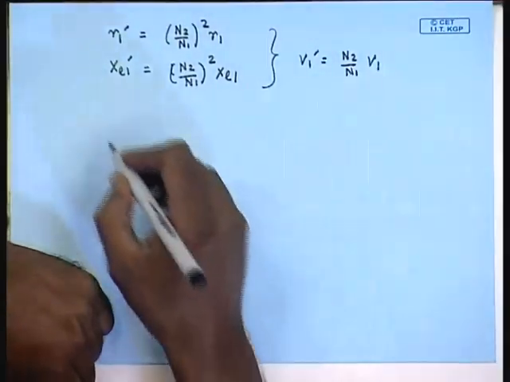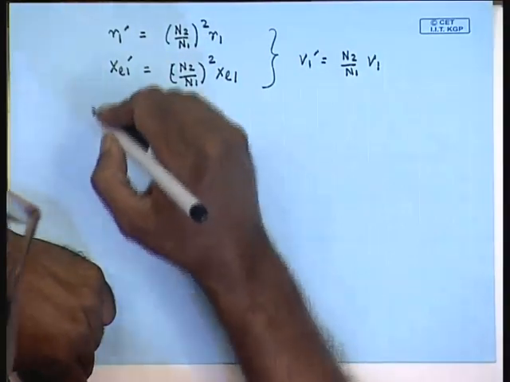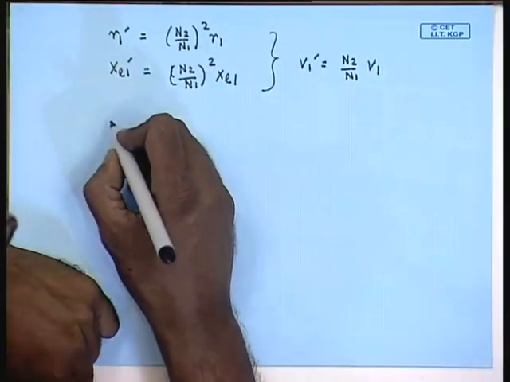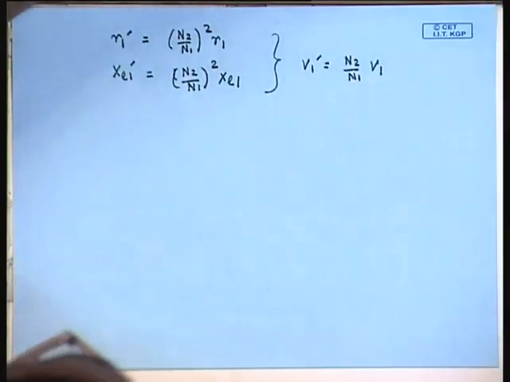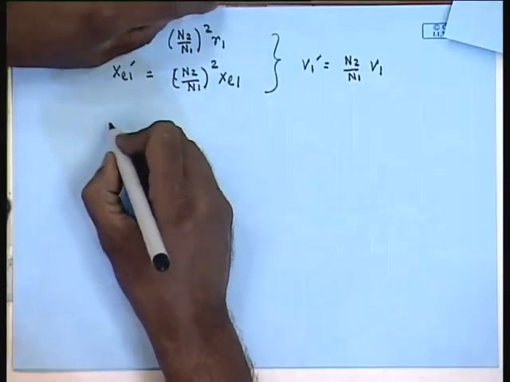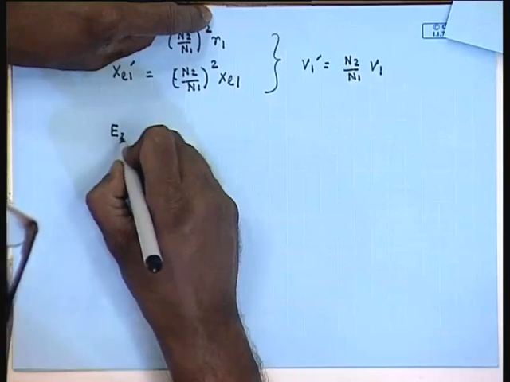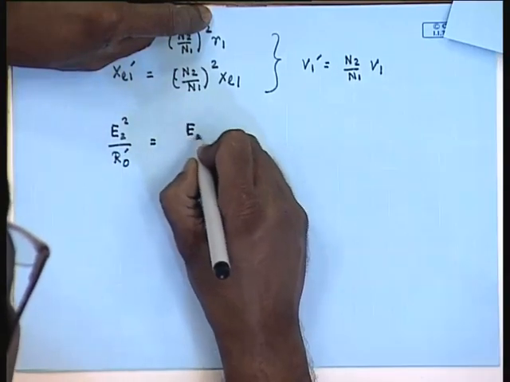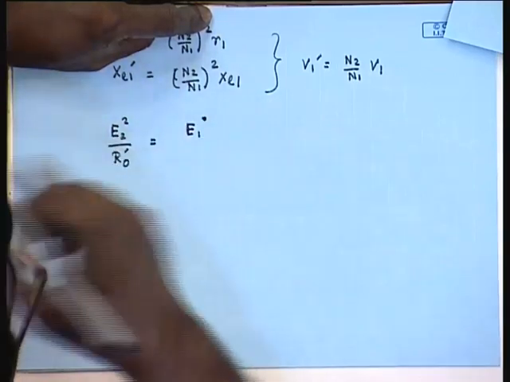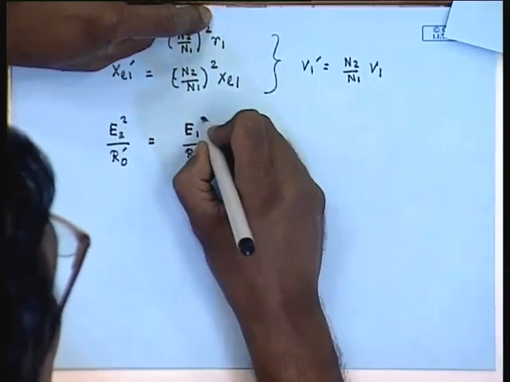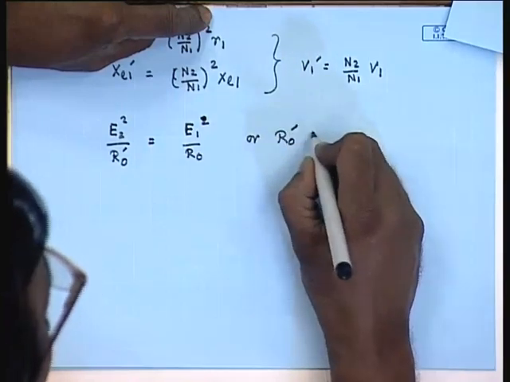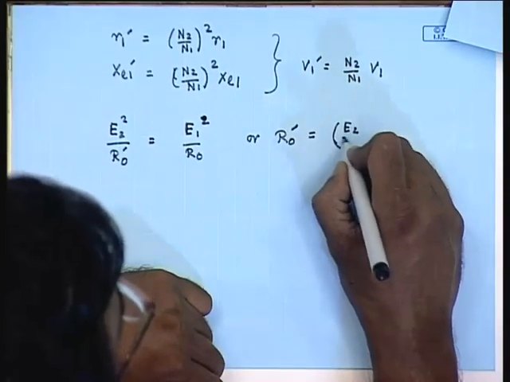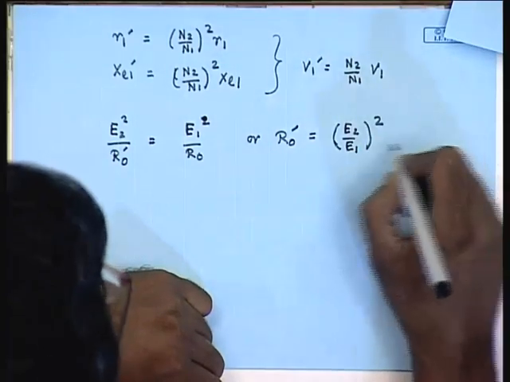Regarding the shunt branches, again if we want the power balance to be maintained, then I should have E2 square by R0 dashed should be equal to E1 square by R0, or R0 dashed should be equal to E2 by E1 whole square into R0.